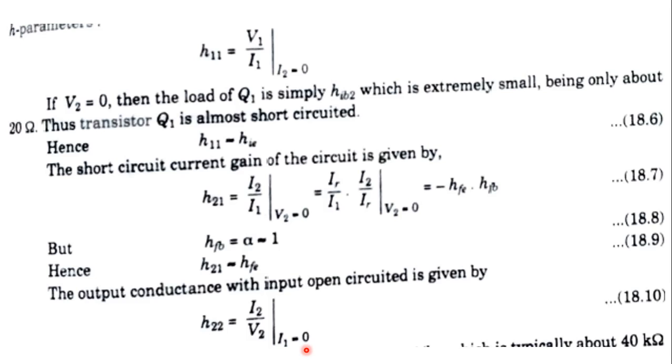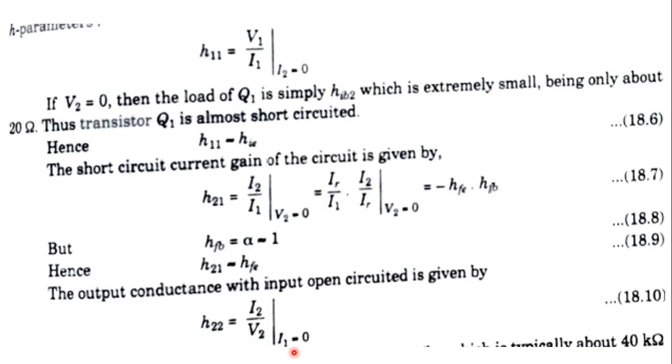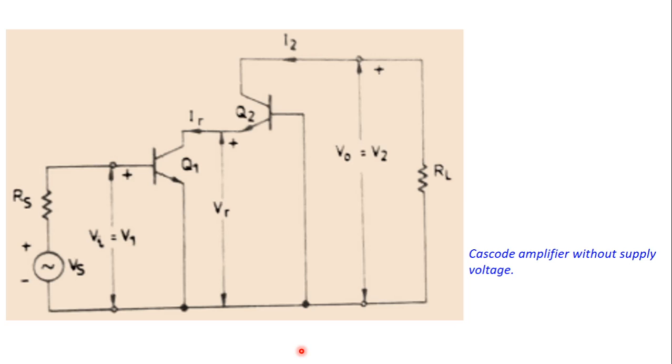Now when I1 is 0, it means that the input current is assumed to be 0, so these terminals are assumed to be open circuited, so we have not applied any signal at the input terminal. This is just open circuited.